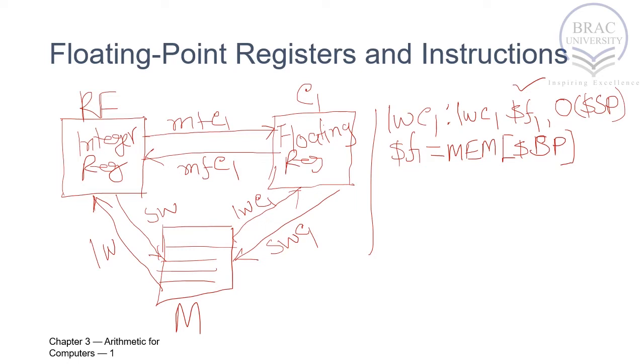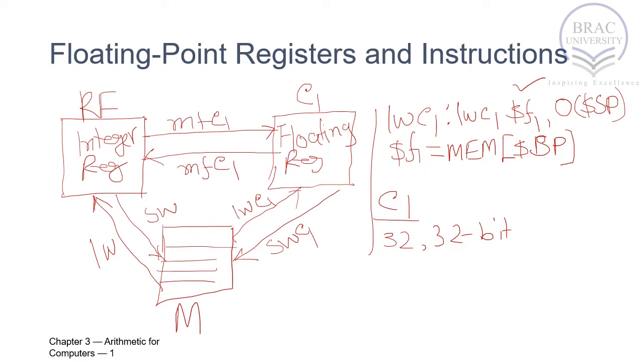In C1 we have 32 32-bit registers where floating point values can be stored or handled. That means the number of registers in the coprocessor is similar to the number of registers inside the register file. The only difference is that in C1 the registers can handle floating point values.